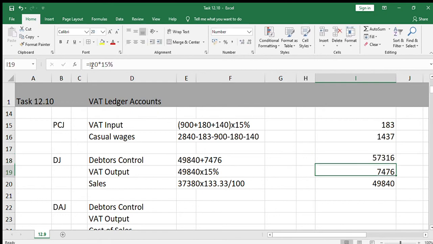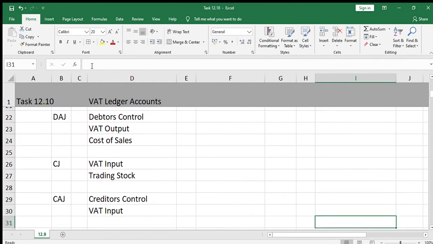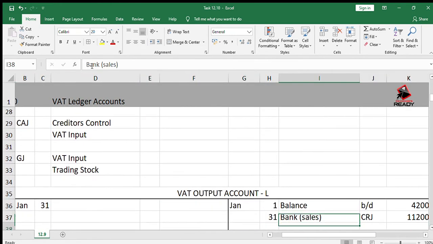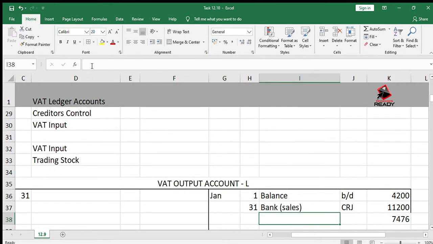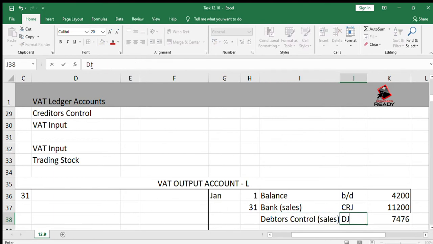To post our ledger accounts, we're interested in the VAT output amount of 7476. So we're going to go to the credit side of VAT output and place it there. So 7476. Our details will be debtors control. This is for sales if you want to say. And the folio is TJ.